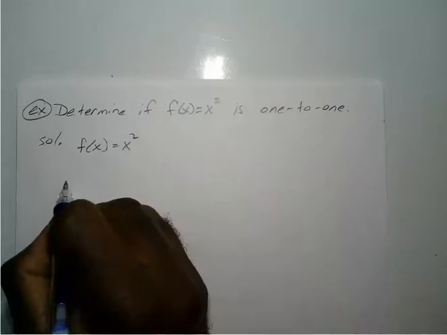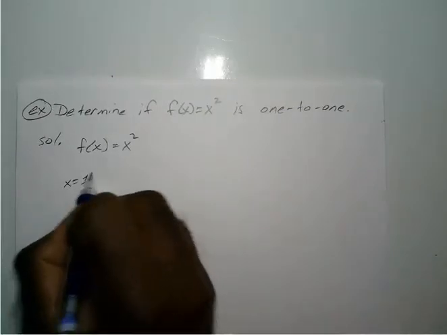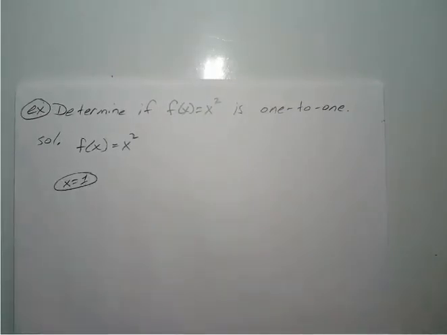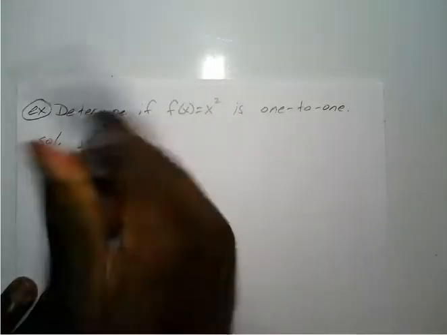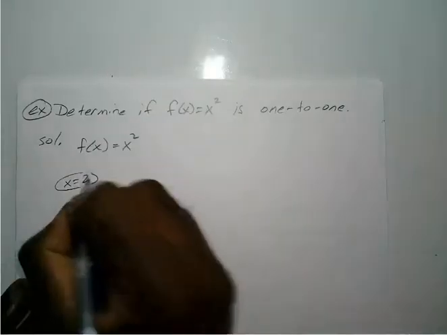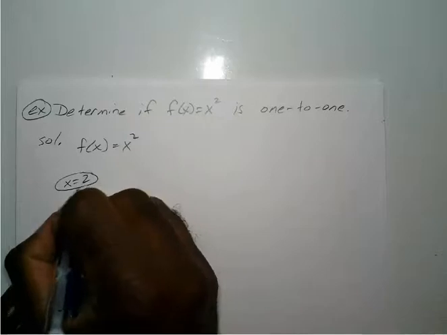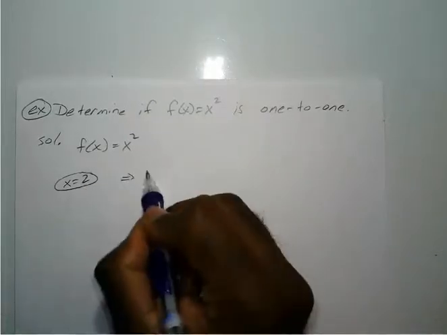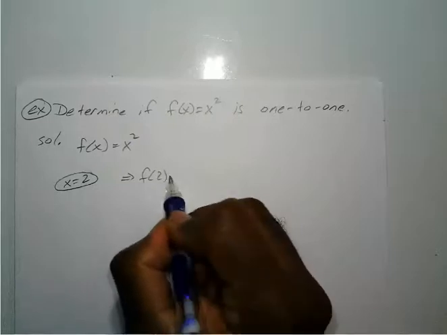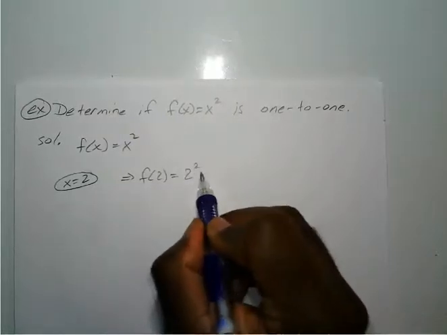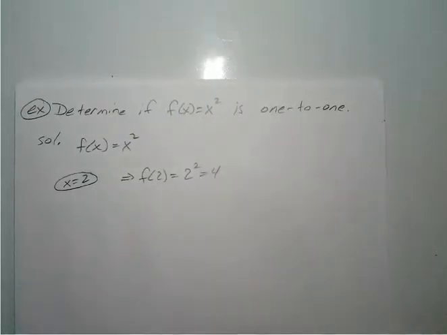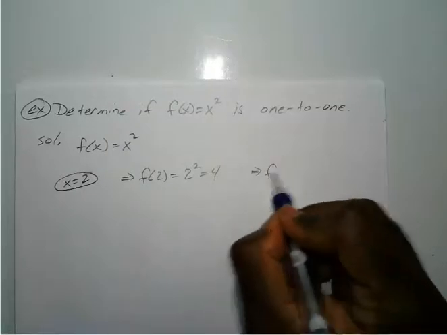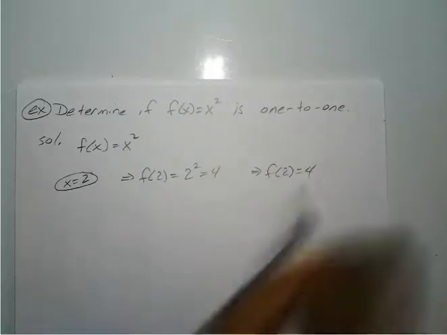What if we let x equals 1? Well, let's say x equals 2. I want to pick something as cut and dry as that. So f of 2, which is 2 squared, equals 4. So we know that f of 2 equals 4.